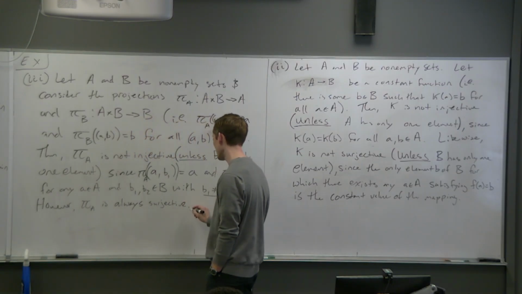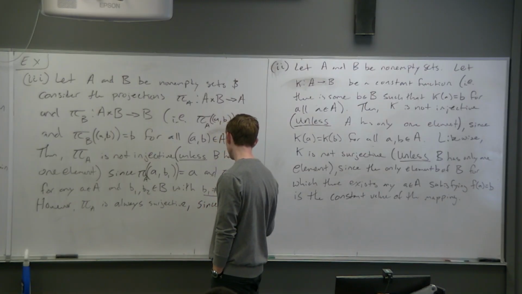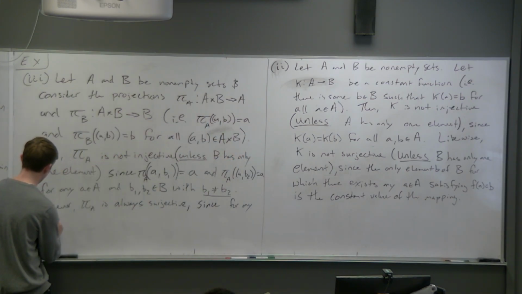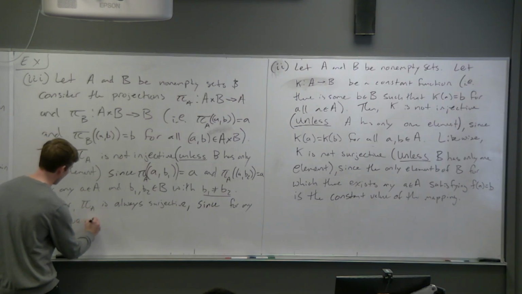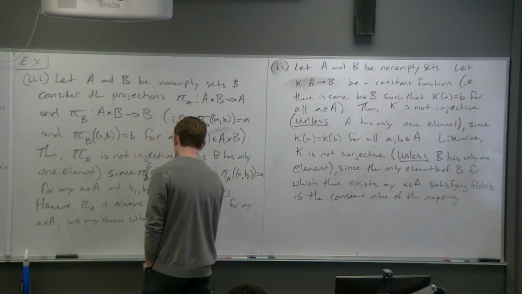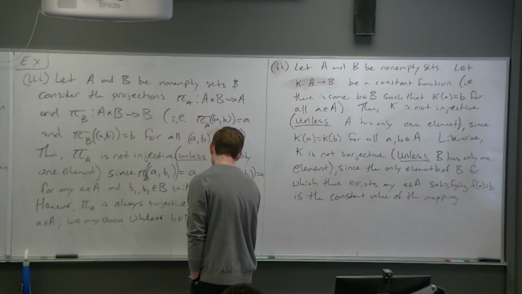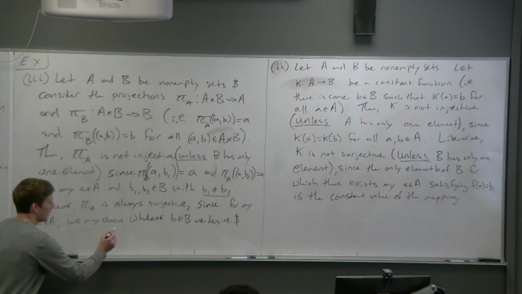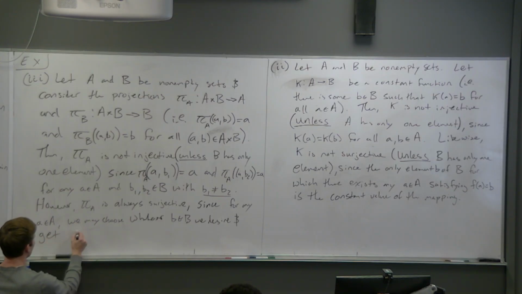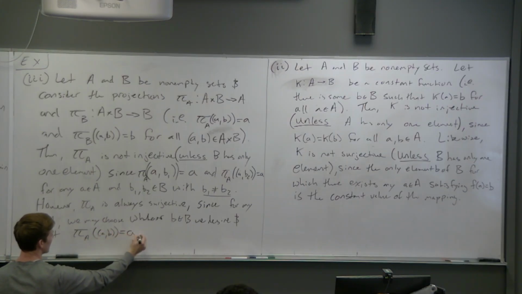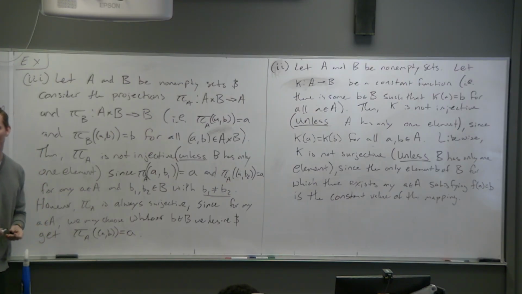However, it is always surjective, since for any A in A, we may choose whatever B in B we desire and get pi A of AB equals A. This works even if B has only one element.